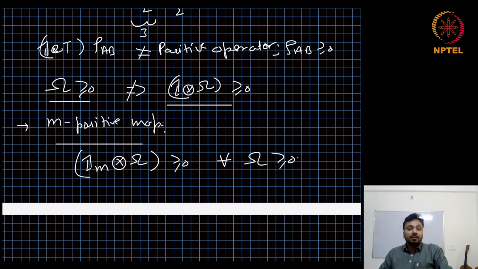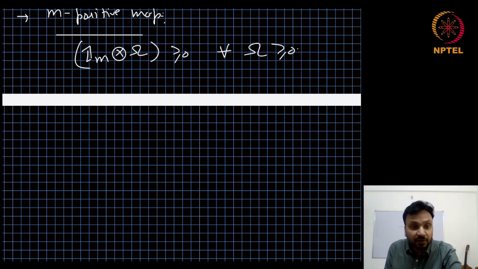If we have a positive map omega that is also positive when we apply it on one side of a bipartite system where the other party is M dimensional, then it is called an M-positive map. Okay, but we are not interested in that. We are interested in the completely positive maps.